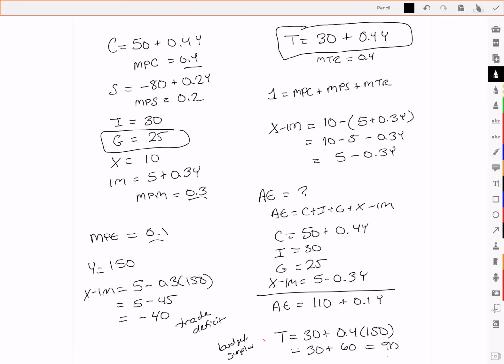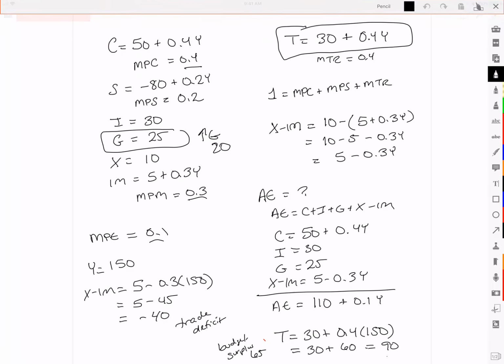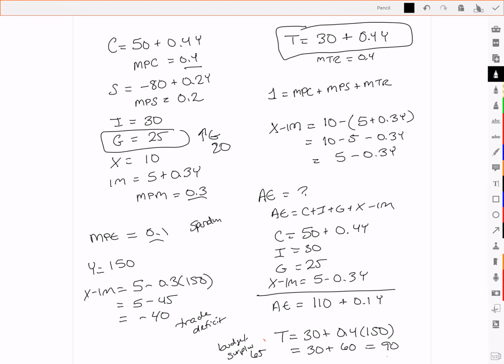All right, let's try one more question in our review. And that is, let's suppose that the government decides to increase its spending by 20 bucks. So if the government stimulates this economy by increasing government spending by 20 bucks, what impact does it have on the economy? Well, to figure this out, we need to find the spending multiplier. And the spending multiplier is 1 over 1 minus MPE.